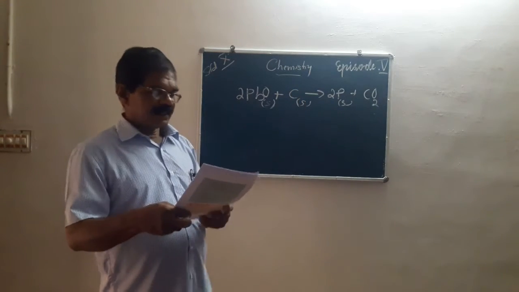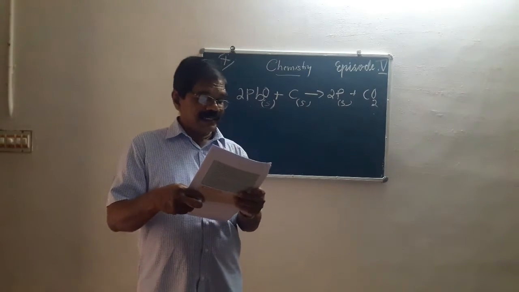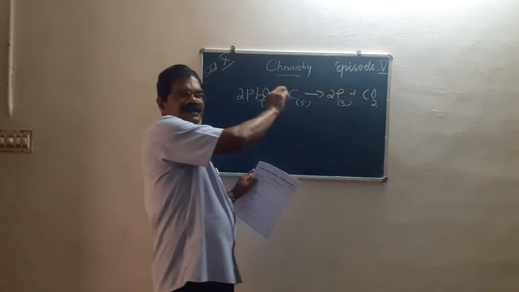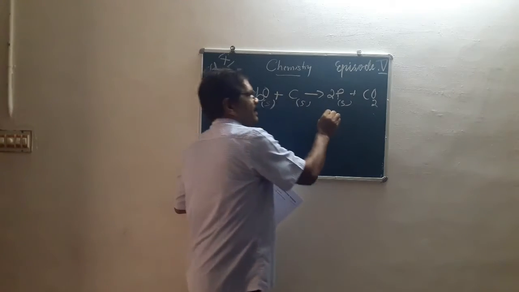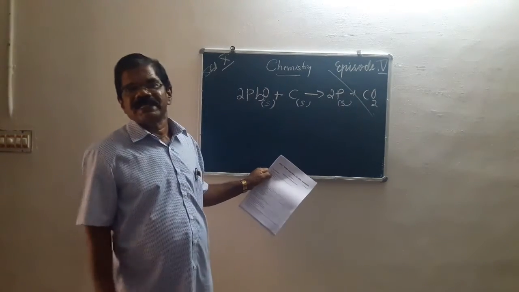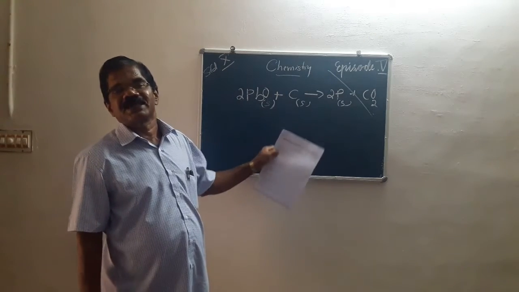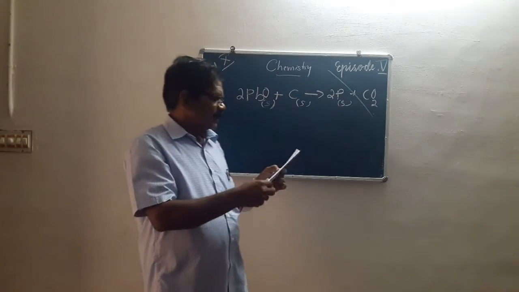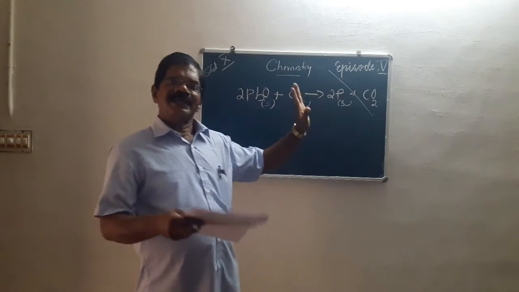We can read it here. The first statement: lead is getting reduced. I have already said that you never go to the product side. The oxidized and reduced substances are on the reactant side. So lead is getting reduced is a wrong statement.